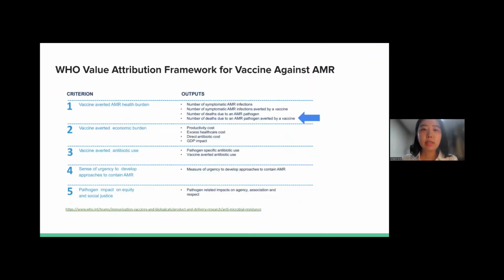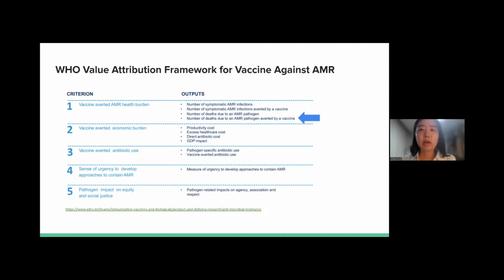So the World Health Organization has recognized the need to capture and quantify the role of vaccines against AMR. So one of the WHO's efforts is to develop the WHO value attribution framework for vaccines against AMR. When defining the value of vaccines in reducing AMR, there are a number of criteria that could be considered.